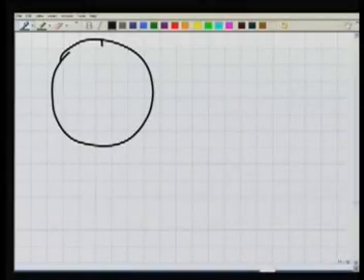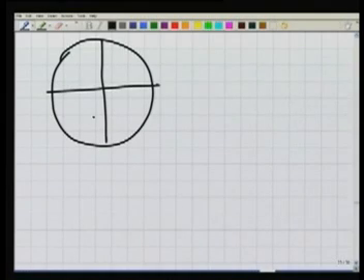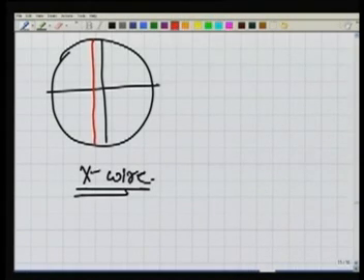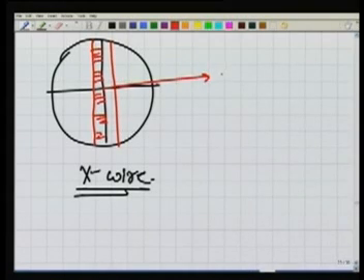If this is my field of view, this is my crosswire in my telescope, and we will be seeing the staff. Staff is a graduated scale. This is how we will be looking at it, and that's the value which we say as R, the reading.